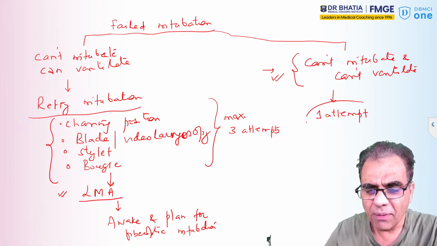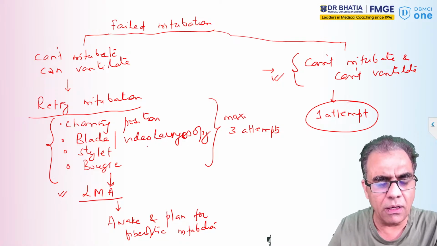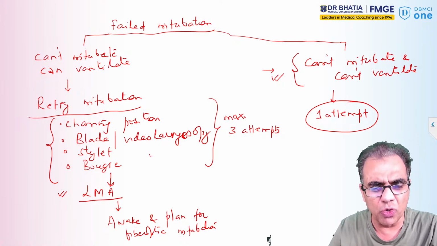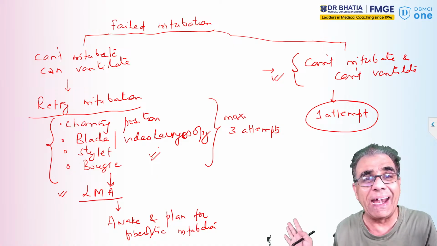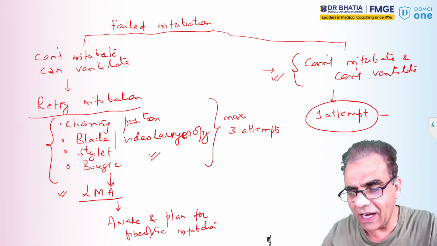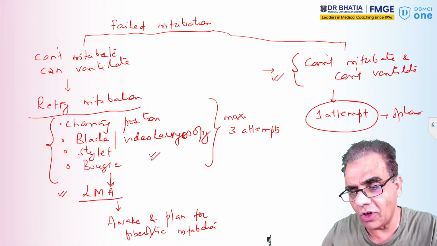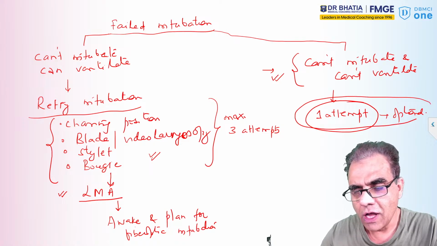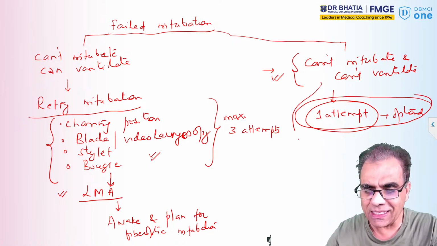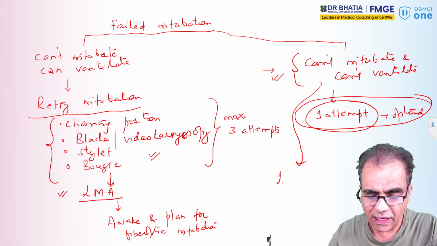One attempt by changing the position or using video laryngoscopy if everything is ready. But that again I will say is optional depending on the scenario. Else, the best is you just put the laryngeal mask airway.